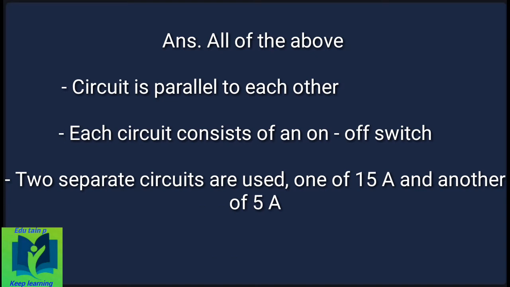All of the above. First one, circuit is parallel to each other. Second one, each circuit consists of an on-off switch. Third one, two separate circuits are used, one of 15 ampere and another of 5 ampere.